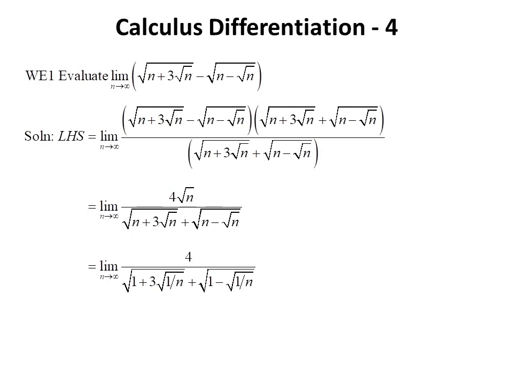After dividing both numerator and denominator by square root of n, it becomes the limit of 4 over the sum of square root of 1 plus 3 square root of 1 over n and the square root of 1 minus square root of 1 over n as n approaches infinity, which equals 4 over the sum of square root of 1 plus 0 and the square root of 1 minus 0, which is 2.